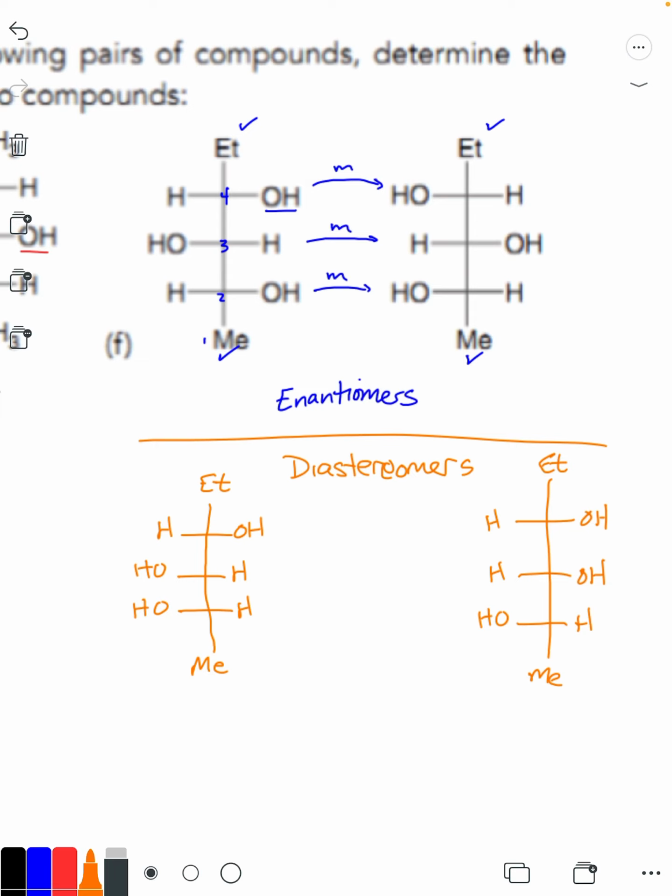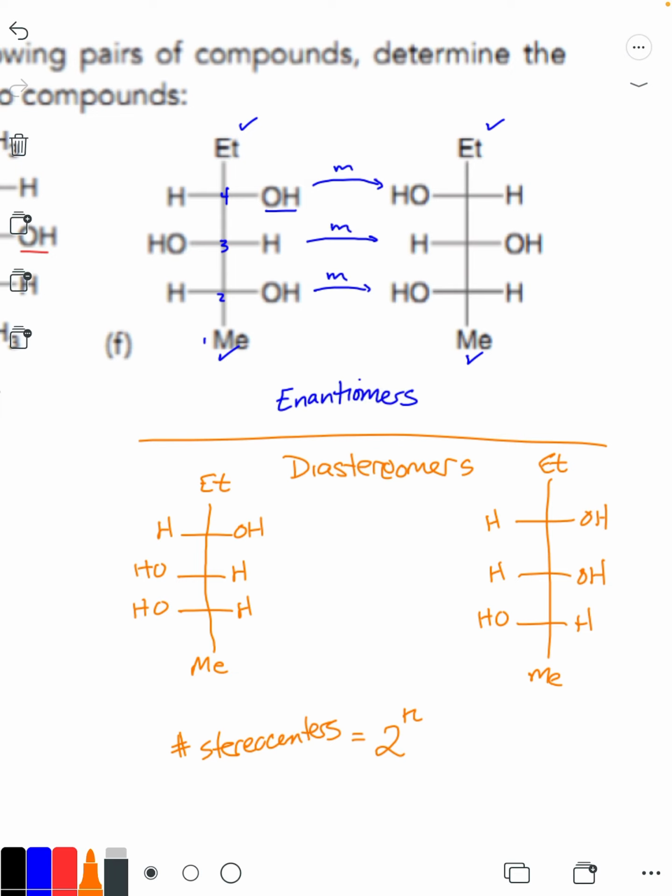So I have a pair of enantiomers drawn at the top, represented there in blue, and then I can draw a number of different diastereomers. When a problem is going to ask me sometimes how many stereoisomers are possible, we're going to take into account that every single stereocenter has 2 possible configurations, either R or S. And so the formula for the number of stereoisomers that are possible is going to be 2 raised to the n power, where n is the number of stereocenters.